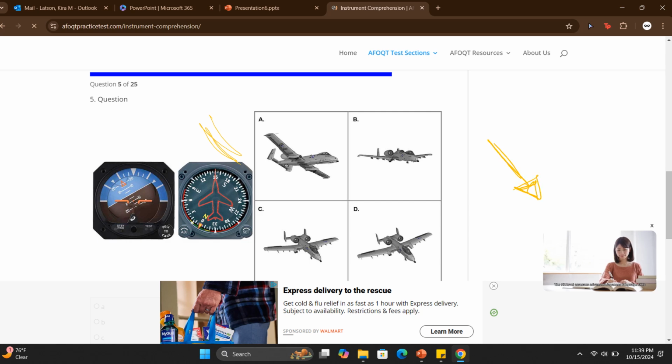We can knock out A. Now we know that this plane is heading more south into the ground, so we can knock out B. Based on its angle, C has no tilt, which means that it's not moving, and it should not be tilted, which means D is the only one that makes sense, because D is tilted slightly, and this is a reflection, so they reflect against each other. Just use the compass most of the time, and you should be good for this.